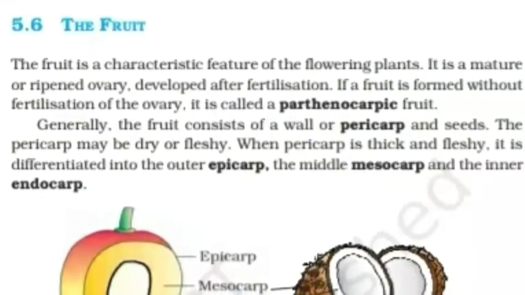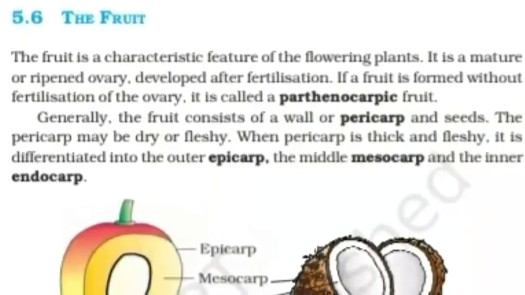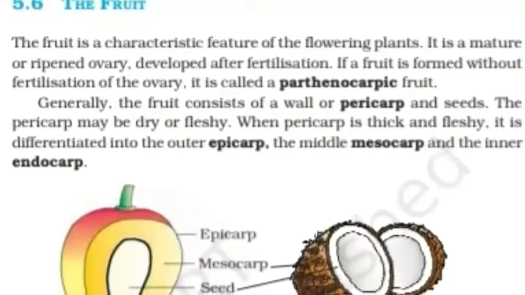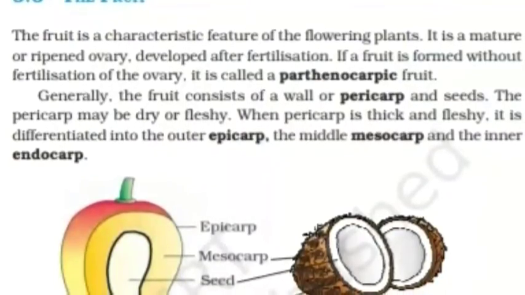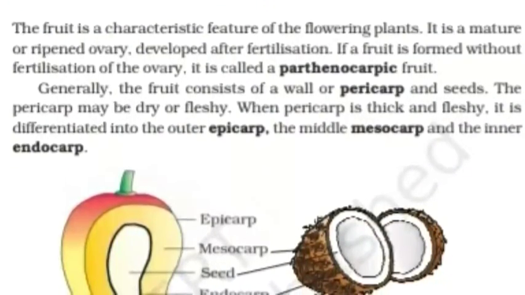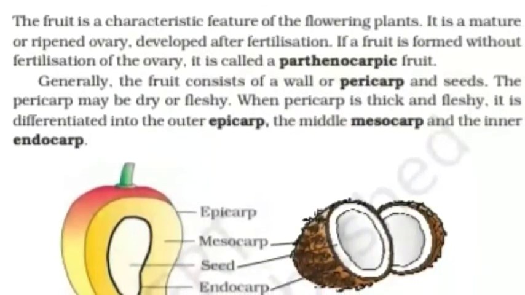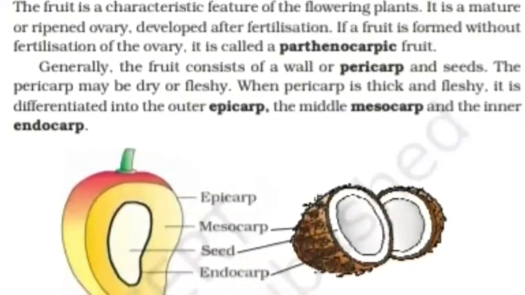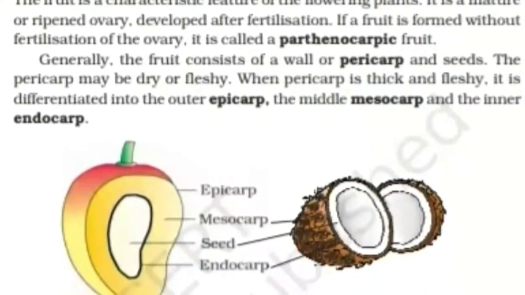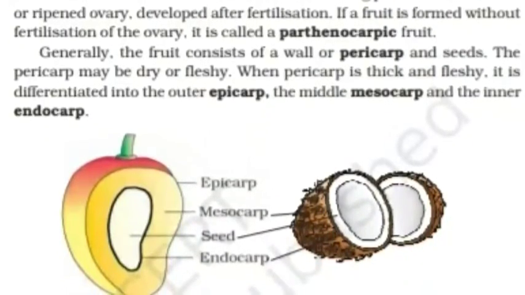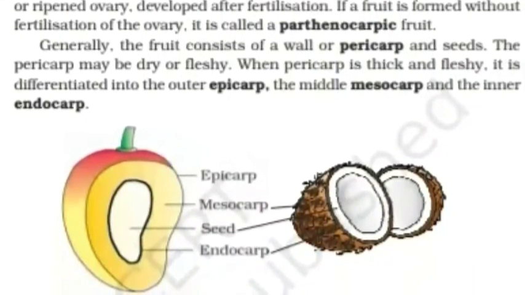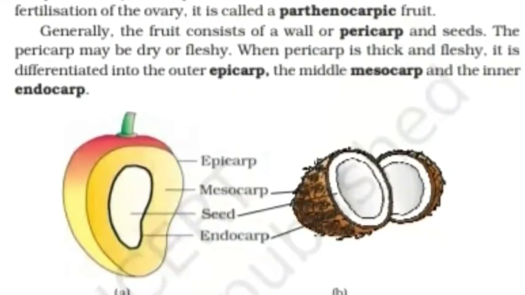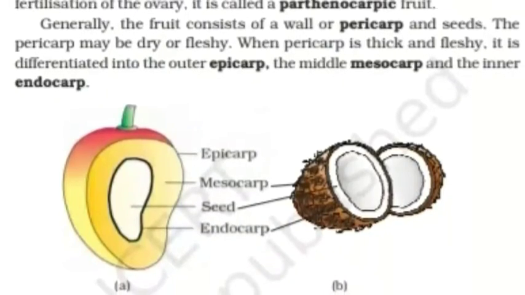If a fruit is formed without fertilization of the ovary, it is called a parthenocarpic fruit. Generally, the fruit consists of a wall or pericarp and seed. The pericarp may be dry or fleshy. When the pericarp is thick and fleshy, it is differentiated into outer epicarp, the middle mesocarp, and the inner endocarp.